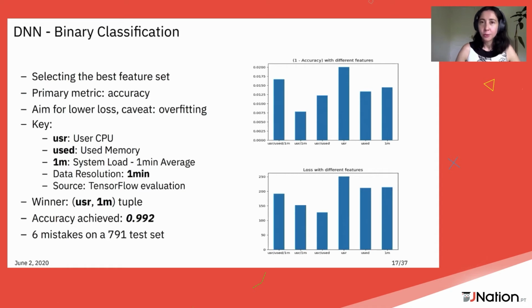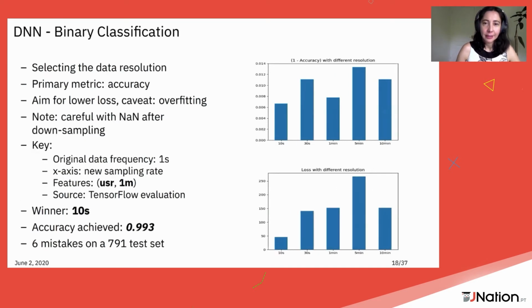Nonetheless, we wanted to see if a better value could be achieved by fine-tuning. So we ran the experiment with this good combination of features, but now changing the data sampling, the data resolution, ranging from 10 seconds to 10 minutes. Unsurprisingly, with the data resolution of 10 seconds the accuracy was better, but the difference was really tiny.